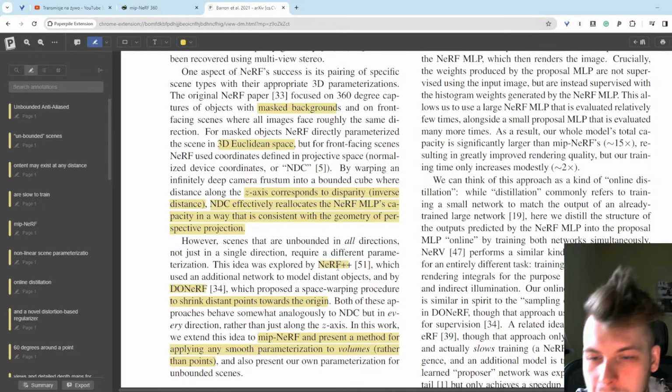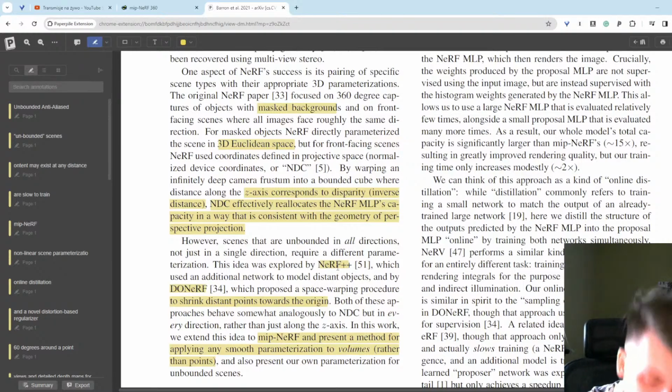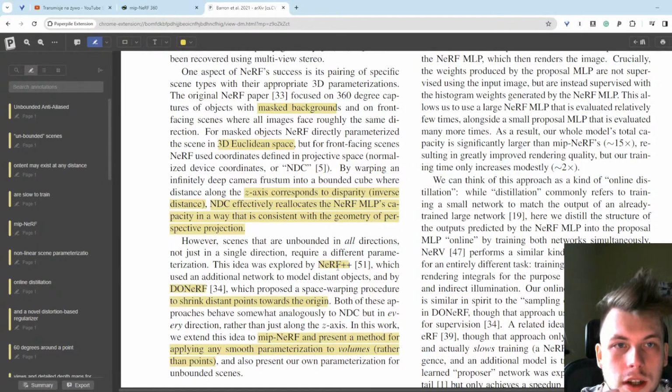But the idea here is that Mip-NeRF, when we do that with Mip-NeRF, right? The whole point of Mip-NeRF was that you had these Gaussians that had different sizes based on how far away they were from the camera, how big the frustum, which is this cut cone, was for this particular Gaussian.